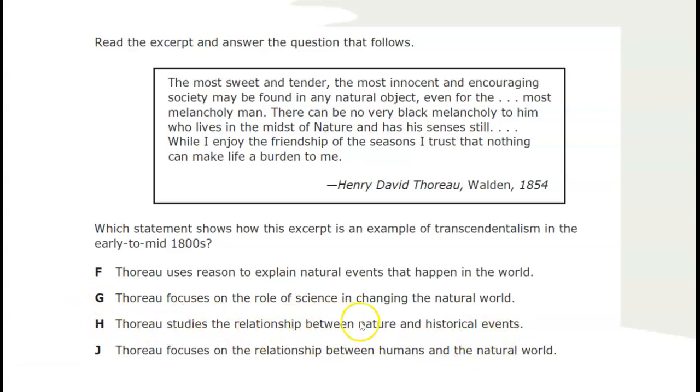He does not mention any historical events in this. He does not focus on any science. He is clearly talking about him and his relationship with his surroundings. And there are no events in the natural world that are about to happen. Okay. We did that one together the other day.